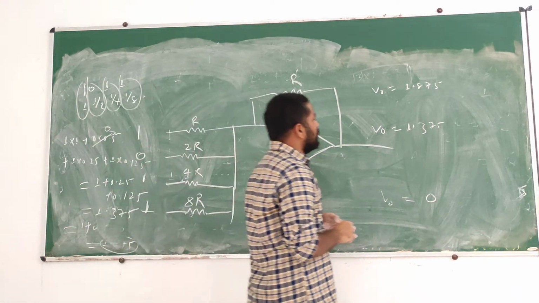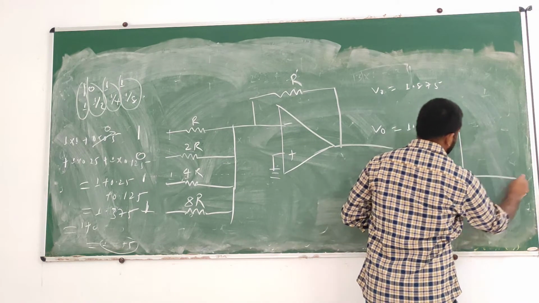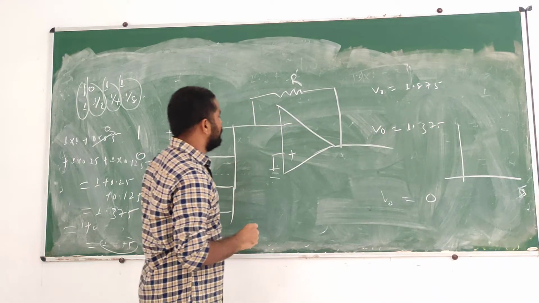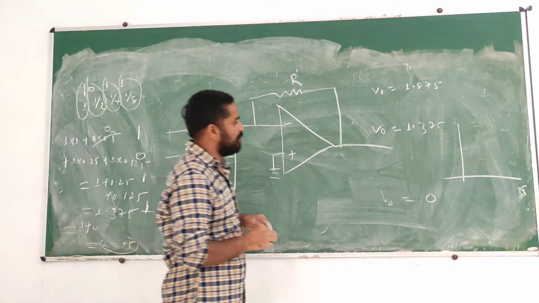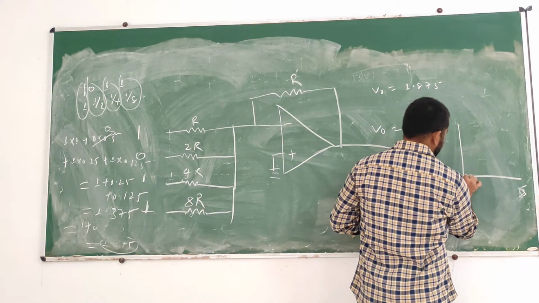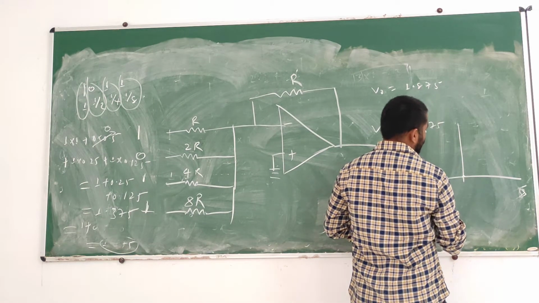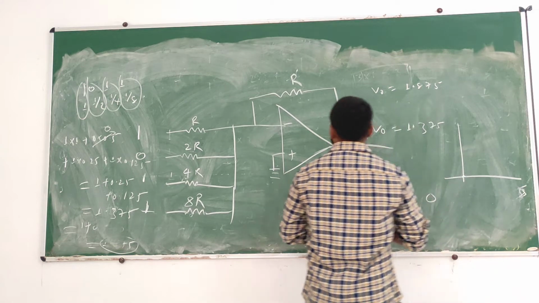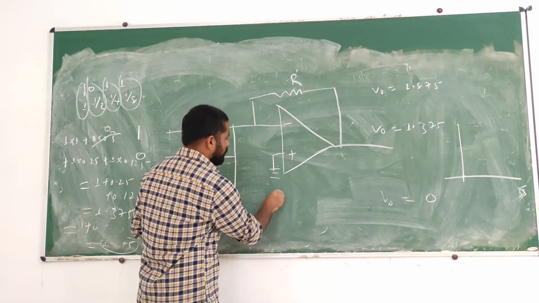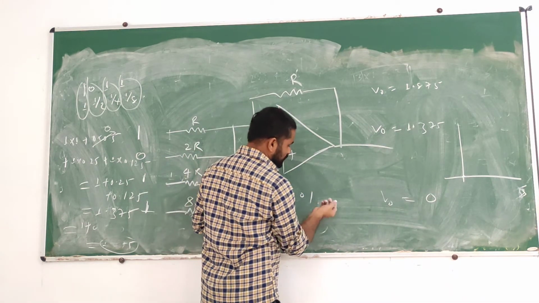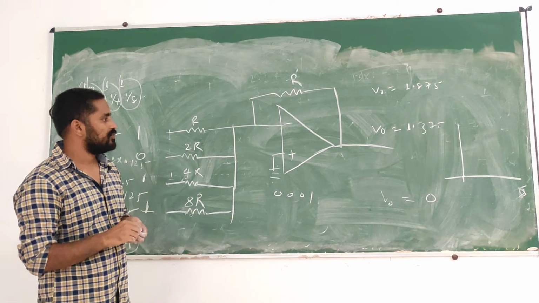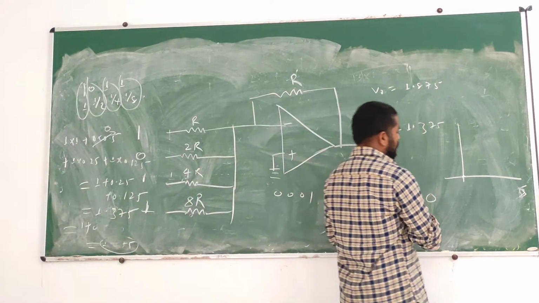In fact you can draw, for different combinations of input, what your output will be. For 0, output will be 0. For 001, it will be simply 0.125. So you can go with the ladder way.